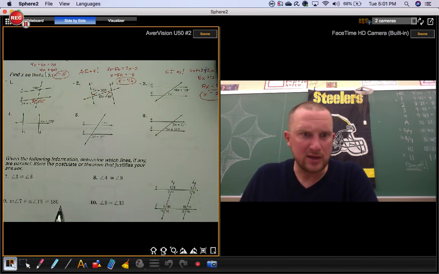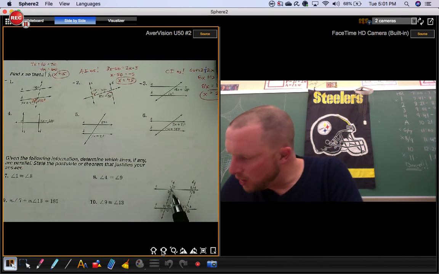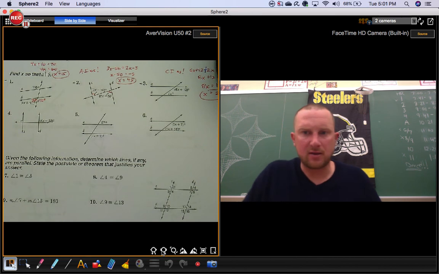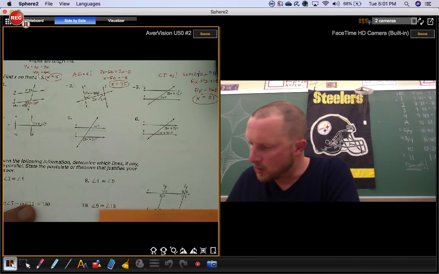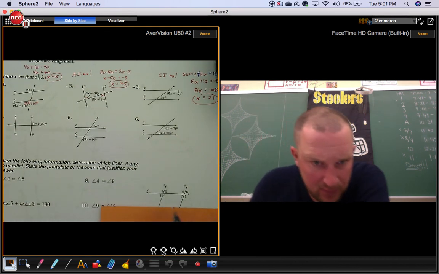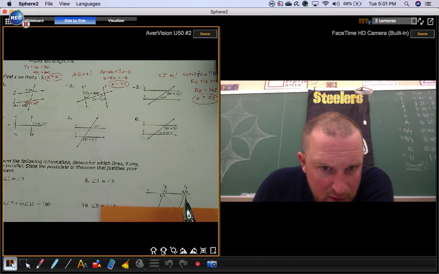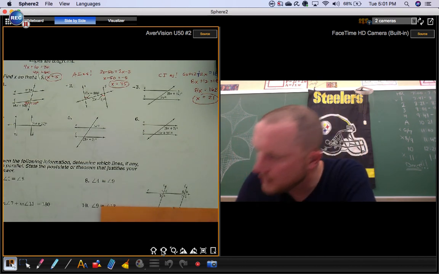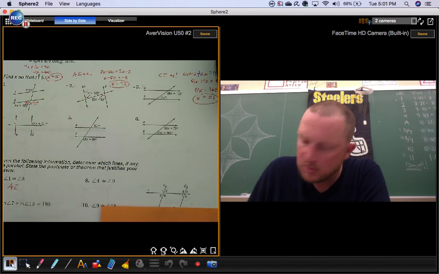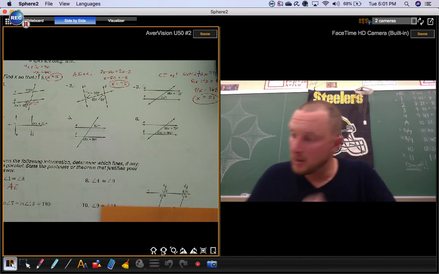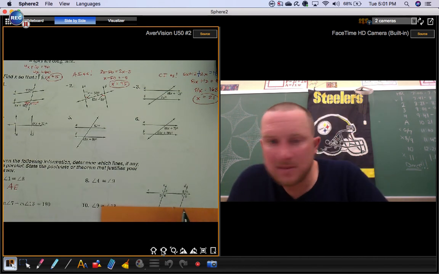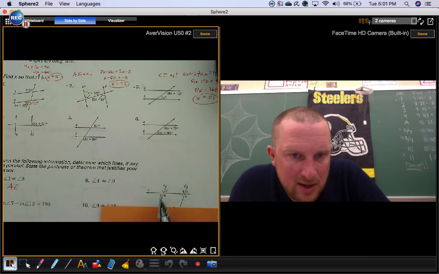Angle 1 is congruent to angle 8. If you know that, does that prove anything? Well, I'll cover up a line here to help you. Angle 1 and angle 8, if they're congruent, those are alternate exterior angles. So I'm going to make note of that. If they're congruent, the lines that make them are parallel. So look at the lines that make them. It's this one and this one. That's the transversal.